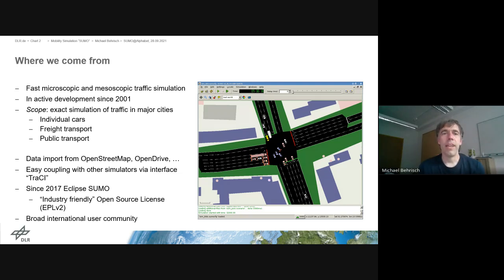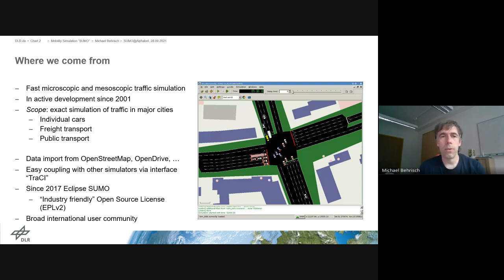And the first people who took this up, as usually if you start an open source project, are the computer scientists and not the traffic scientists. So it was very early on that people said, we need some API, we need something to interact with running simulations. And that's why TraCI was born, which stands for Traffic Control Interface.